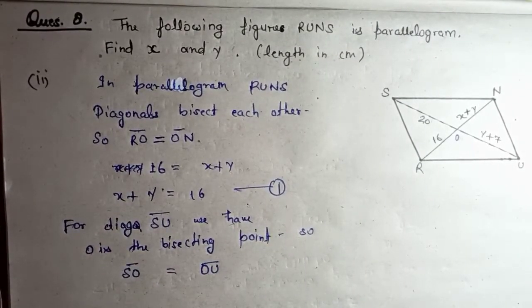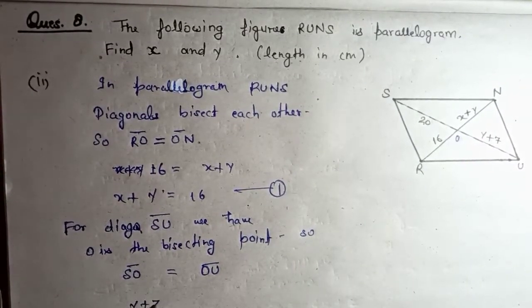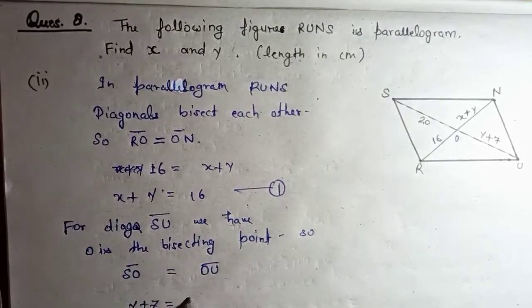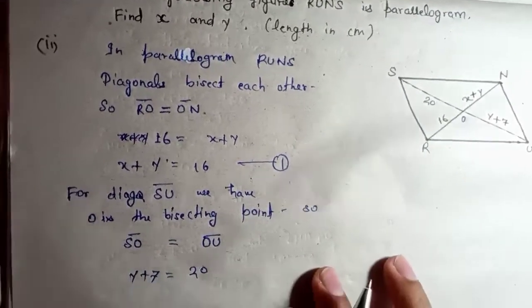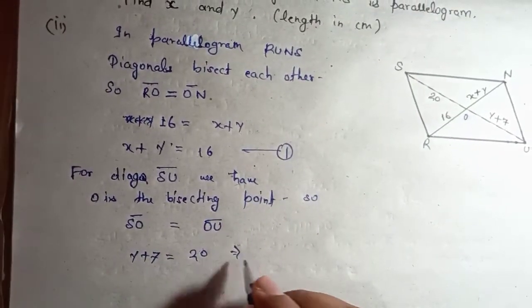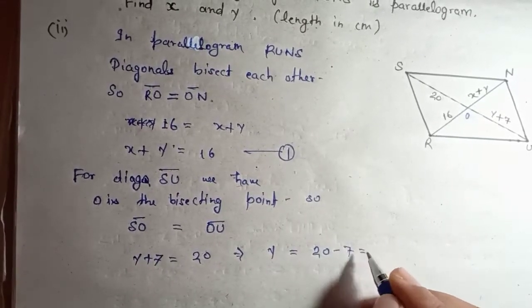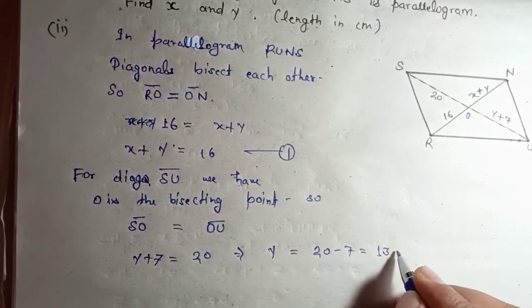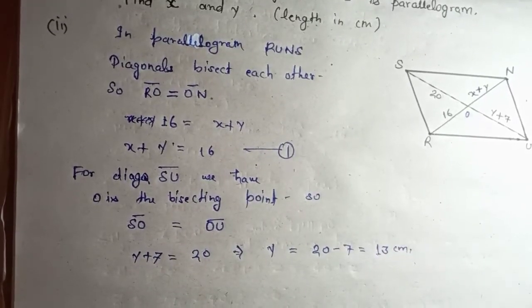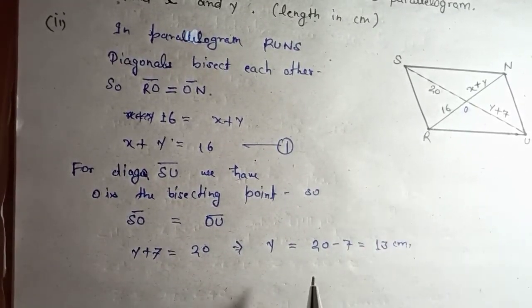Now it means y plus 7 is equal to 20. So from here you can calculate the value of y. Y is equal to 20 minus 7, that gives you 13 centimeters. So here y is equal to 13 centimeters. Now find the value of x.